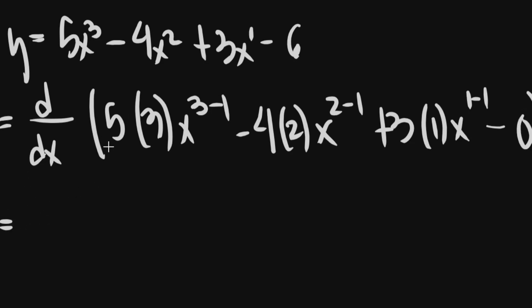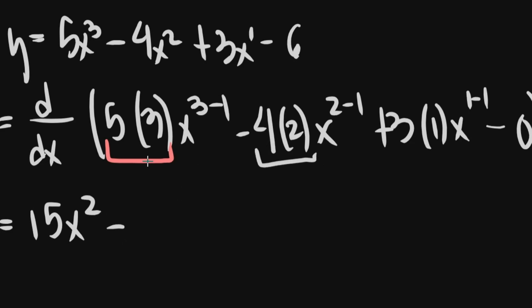Then we simplify this. So 5 times 3 is 15, x raised to 3 minus 1 is 2, minus 4 times 2 is 8, x raised to 1, 2 minus 1 is 1, plus 3, x raised to 1 minus 1 which is 0.